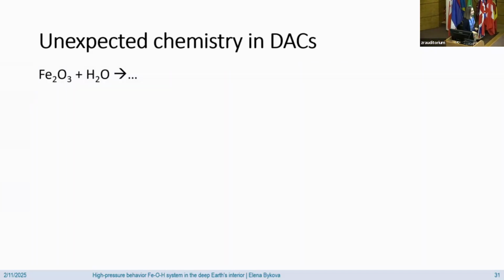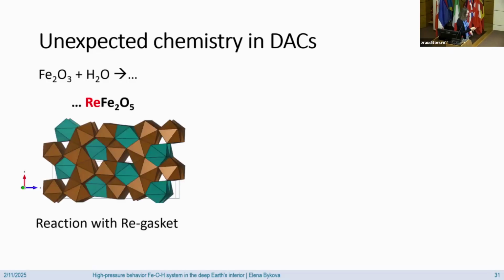But what also should be considered in these water reactions is, of course, the diamond anvil cell itself, because it can also give you lots of surprises. In addition to the phases I have shown, it's not such an easy environment. By surprise, we also get rhenium iron oxides inside, and rhenium typically comes from the gasket.